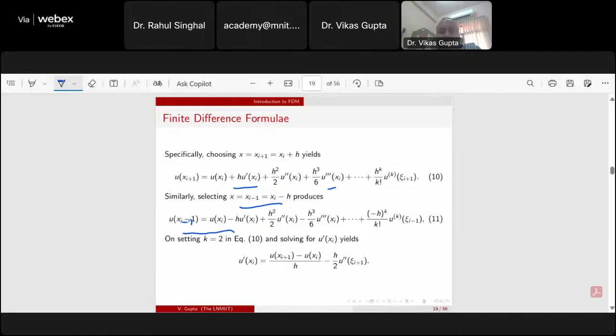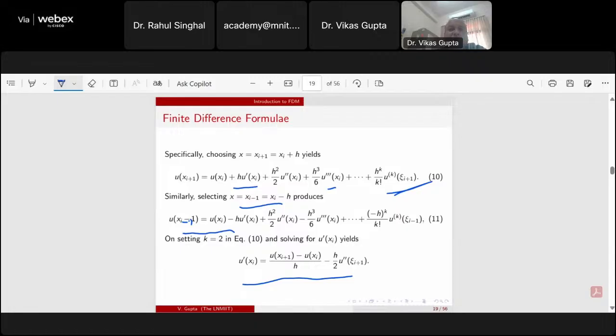Now to get an approximation of the first order derivative, if we set k equal to 2 in equation number 10 and solve it for u prime (xi), we will get this: u prime (xi) is equal to (u(x(i+1)) minus u(xi)) upon h minus h by 2 u double prime (zeta(i+1)), where zeta(i+1) is a point which lies between xi and x(i+1).